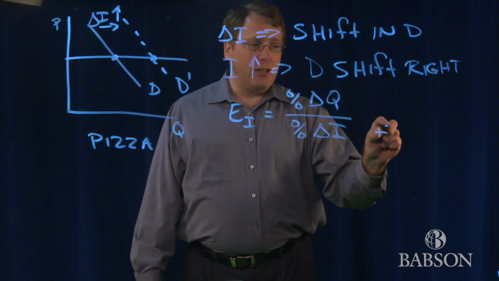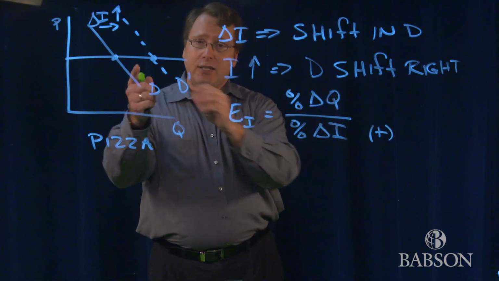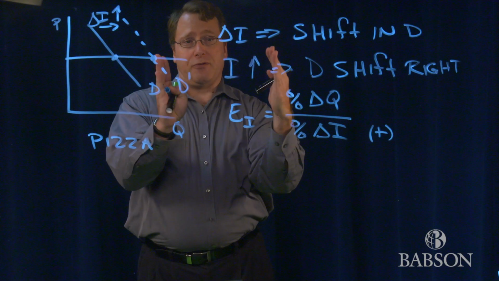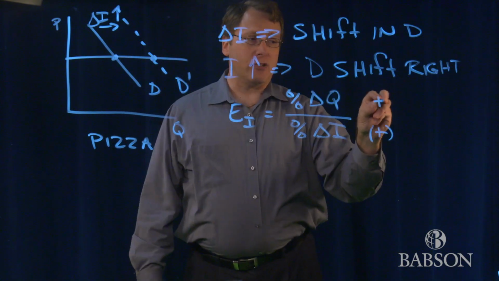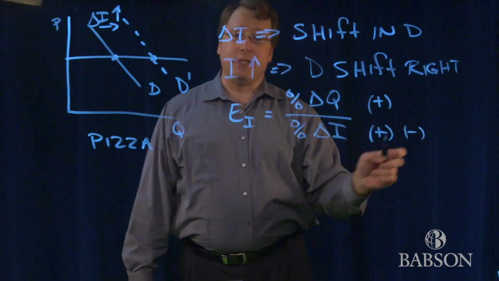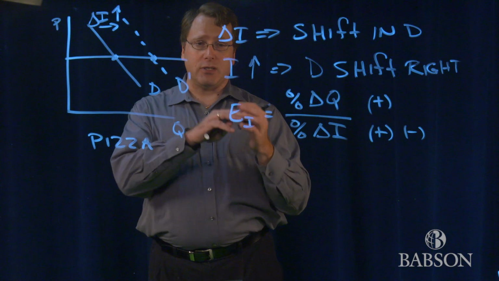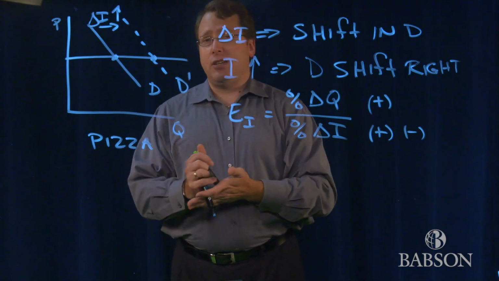Well, as we get an increase in income, that should cause the quantity demanded to increase. The demand will shift to the right, the quantity demanded will also increase. If we thought about income decreasing, right, sort of something happened and the amount of money a person has available has declined, well, that's going to be the opposite impact.